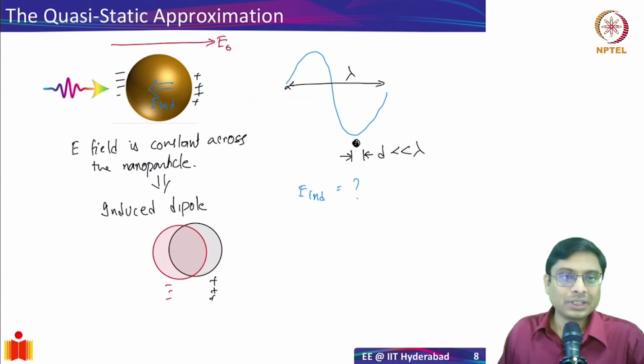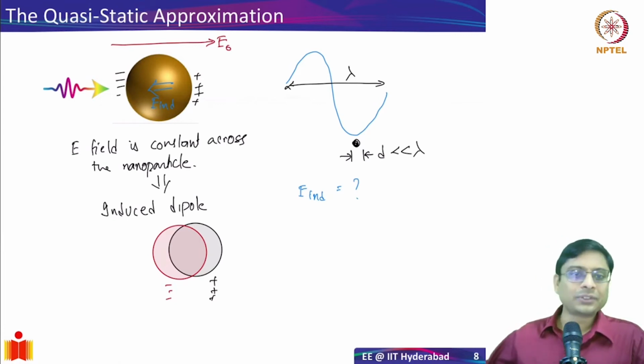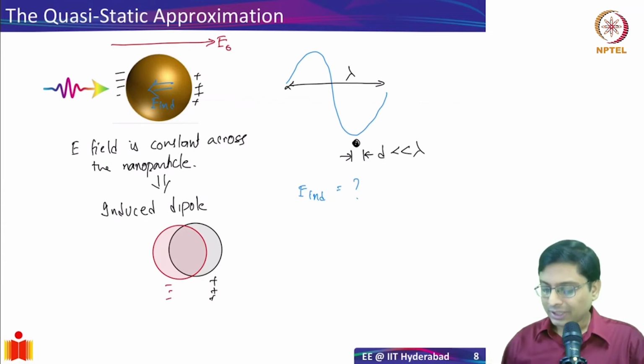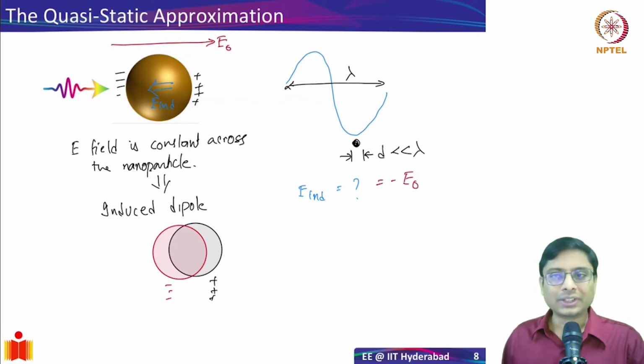Why should it be 0? If it is not 0, the electrons will move and rearrange in such a way that the electric field becomes 0. So at any instant of time, E induced is going to be equal to minus E naught. So essentially inside the nanoparticle, the electric field is getting cancelled out.